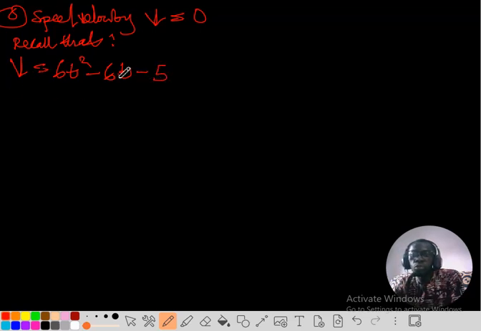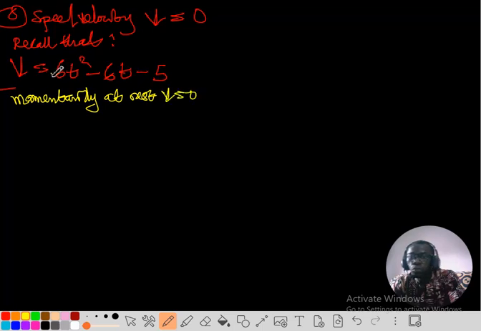Remember, that was what we substituted values into to get the speed at the 5th second. So in this equation now, all we have to do is to turn this v to 0, because the particle is momentarily at rest. So 0 equals 6t squared minus 6t minus 5.